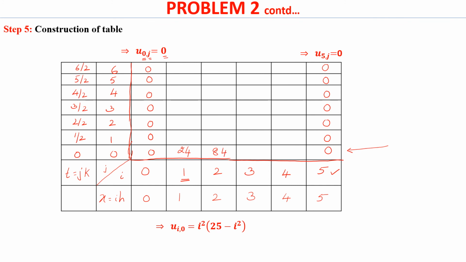Then it is 3 square, that is 9 into 25 minus 9. It is 144. Then it is 16 into 25 minus 16, which is again 144. So thereby the initial condition, two boundary conditions. This is boundary condition 1, this is boundary condition 2 that we have already used. Now we have to fill up the next set of data. And as I said, we are going to use the scheme.